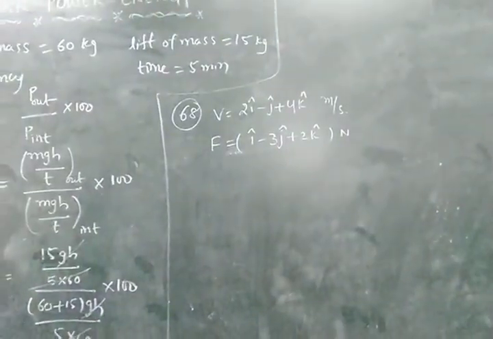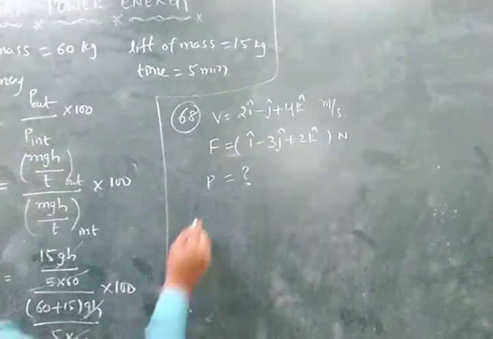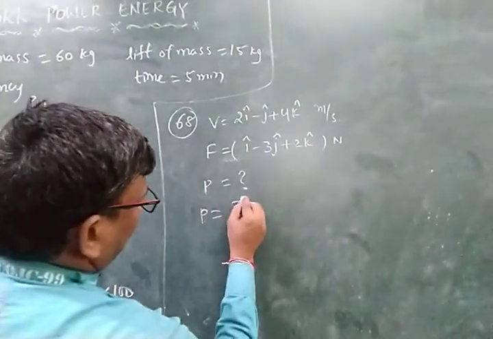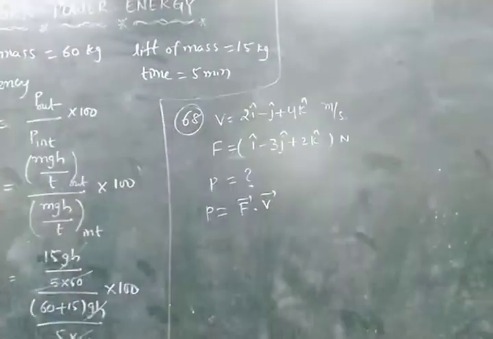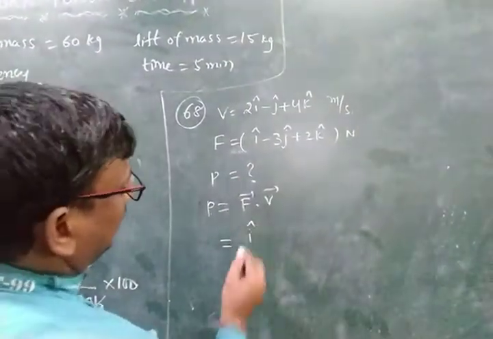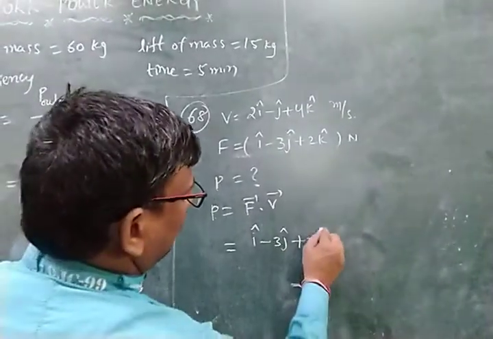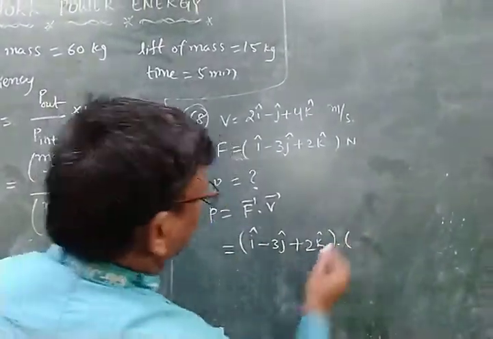The power of the engine: the power is equal to, we know, F bar dot V bar, the force into velocity. The force, how much is there? i cap minus 3j cap plus 2k cap, dot velocity.